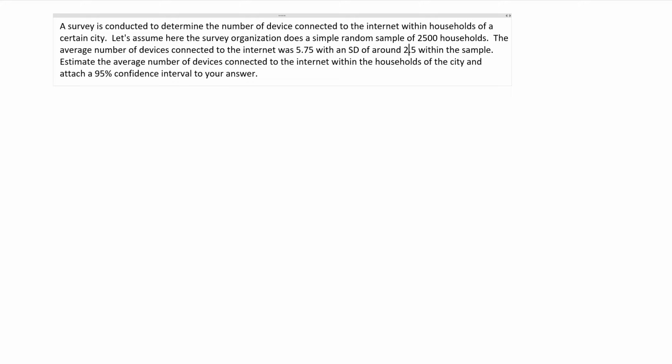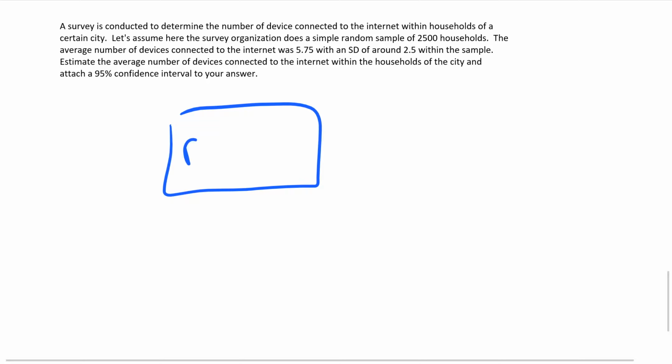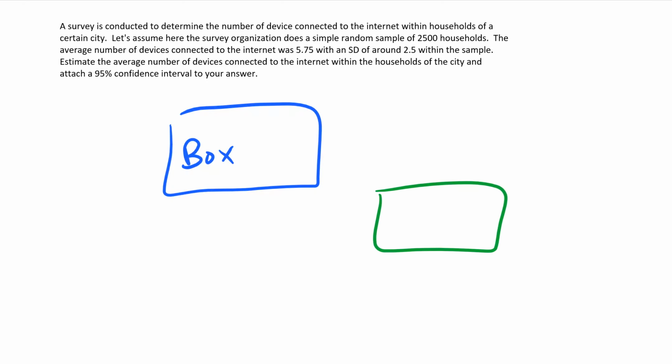So yes, there are a few typos in that problem, and that's because I wrote it myself. But what I'm trying to get at here is we have this box, and we have a sample from the box. The sample is 2,500 people, and we know about the sample.